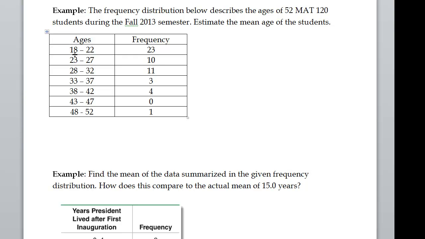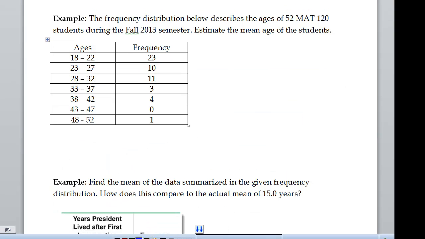The class midpoint is the point halfway between the upper and lower class limit. So in this case, to get the class midpoint, it would be 18 plus 22 divided by 2, which is what? 20.